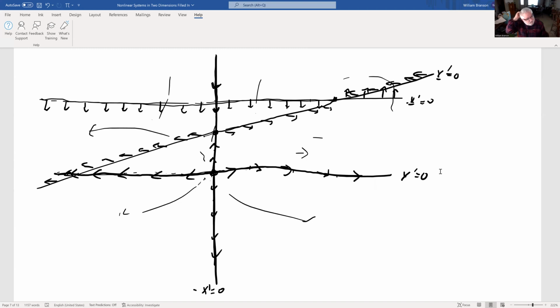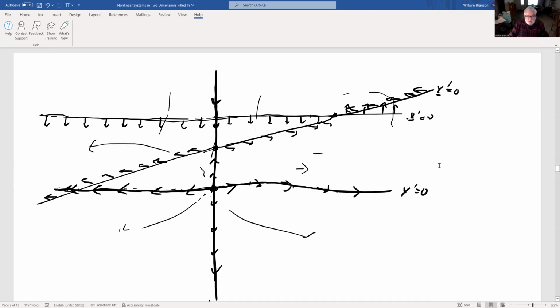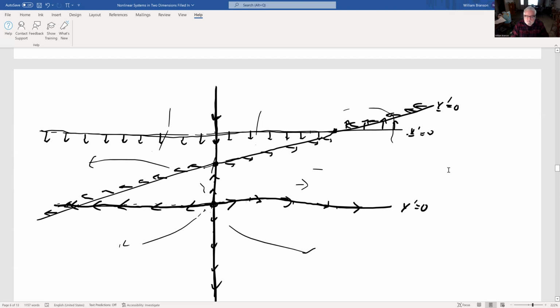So the nullclines are very useful because they can help us sort of structure the vector field. Remember that the components can only change sign where something is 0. So for example, x prime is 0 on this line here and on this vertical line.